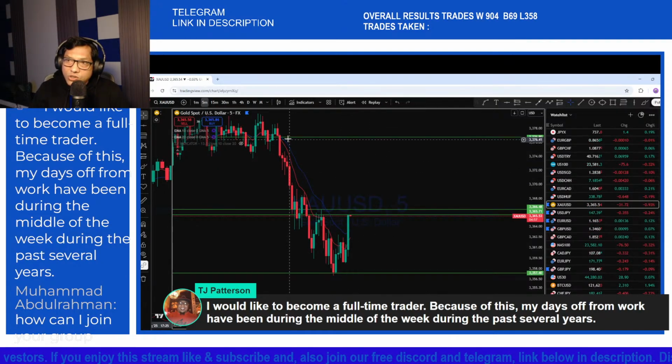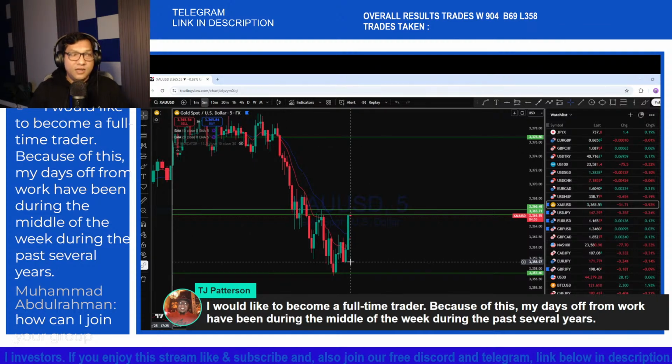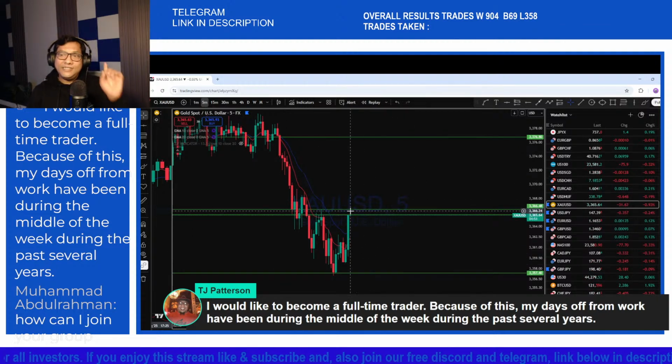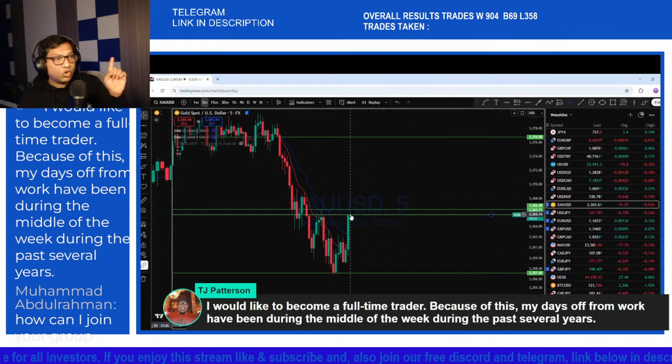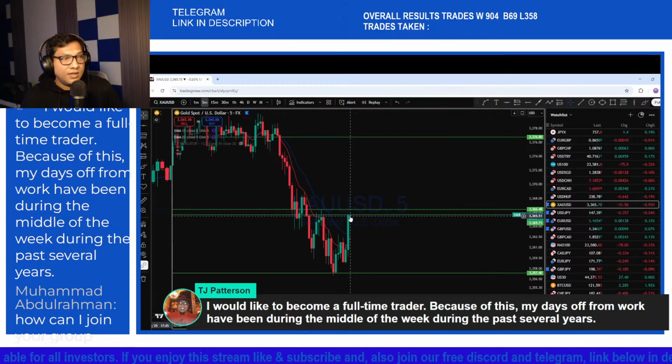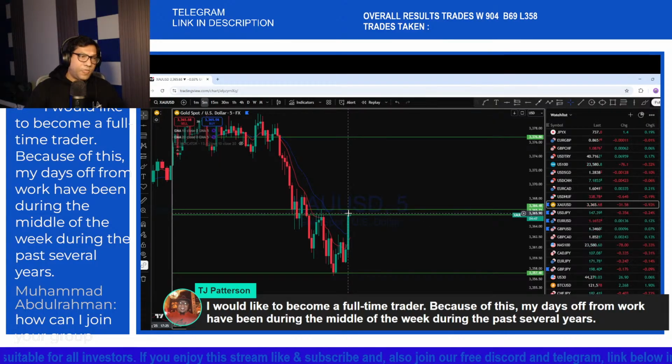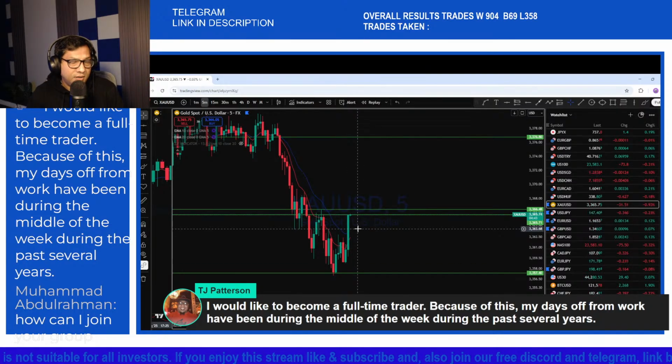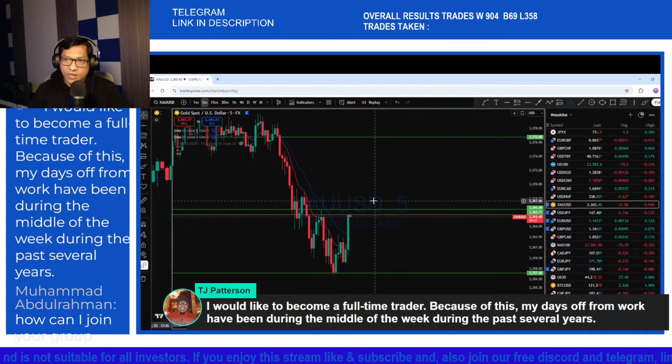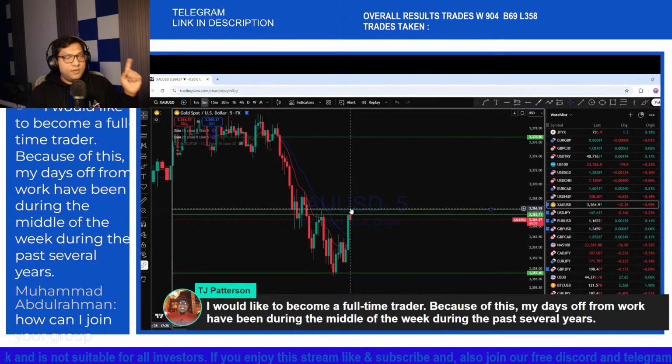And on 5 minutes we see that it's in a downtrend. So if we sell here, we are trading against the daily trend. If we buy here, then we are trading against the local downtrend.